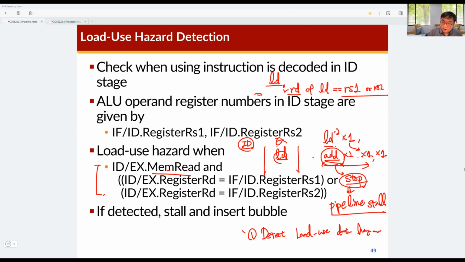And check the RD of the load instruction against RS1 or RS2 of the following instruction. So we need to check the RD of ID/EX, and RS1 and RS2 of the instruction in the ID stage. This is the condition for load-use hazard detection.